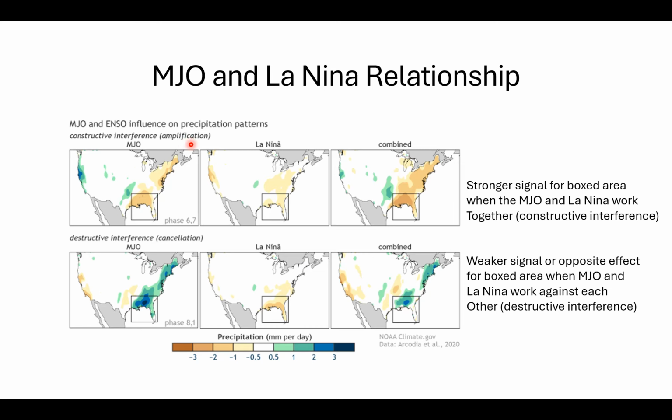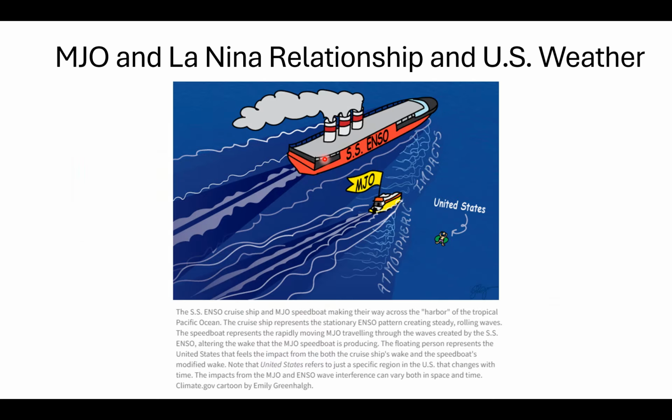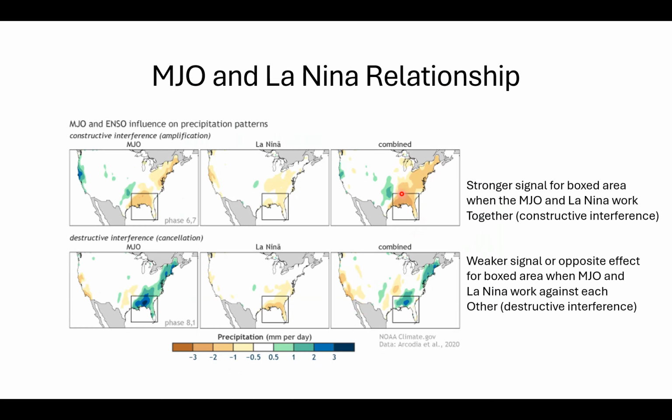Constructive interference refers to amplification of both the MJO and the La Nina. Going back to the earlier slide, the wave action associated with the ENSO, in this case La Nina, is in phase with the waves created by the smaller speedboat, the MJO. That results in a much greater probability of specific conditions, in this case drier than normal.